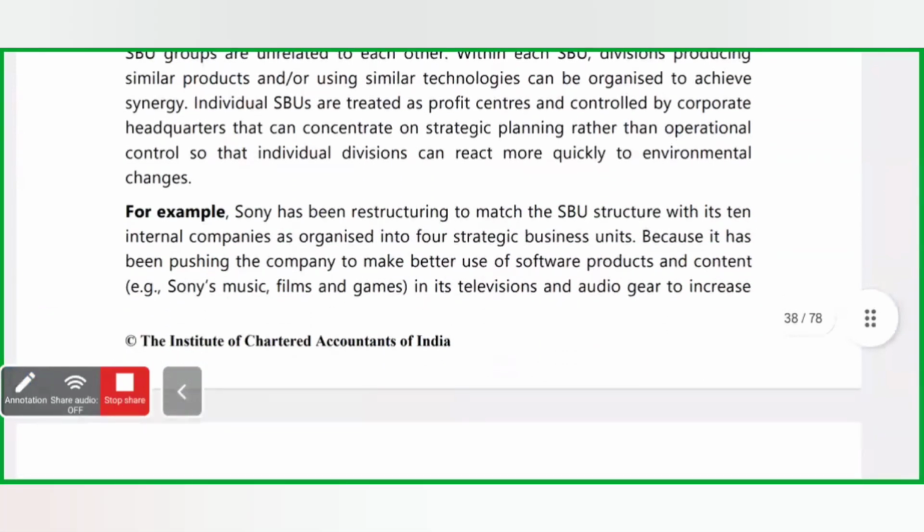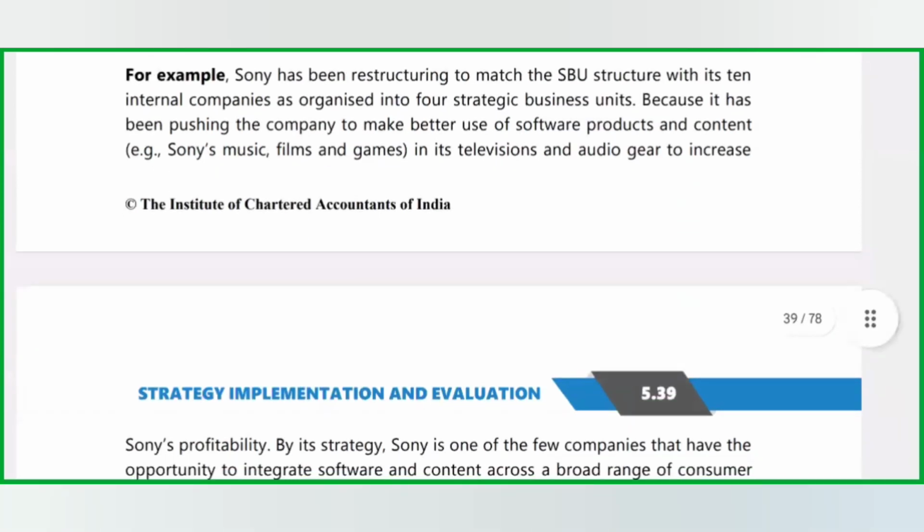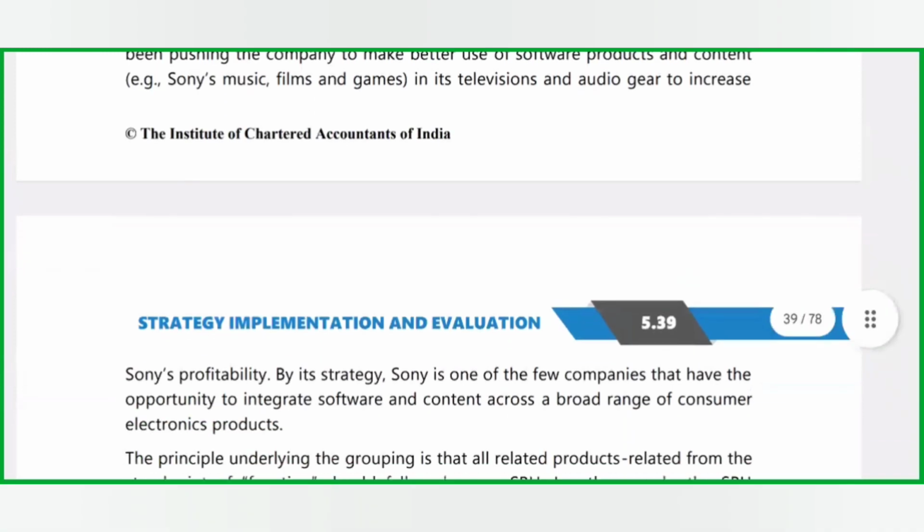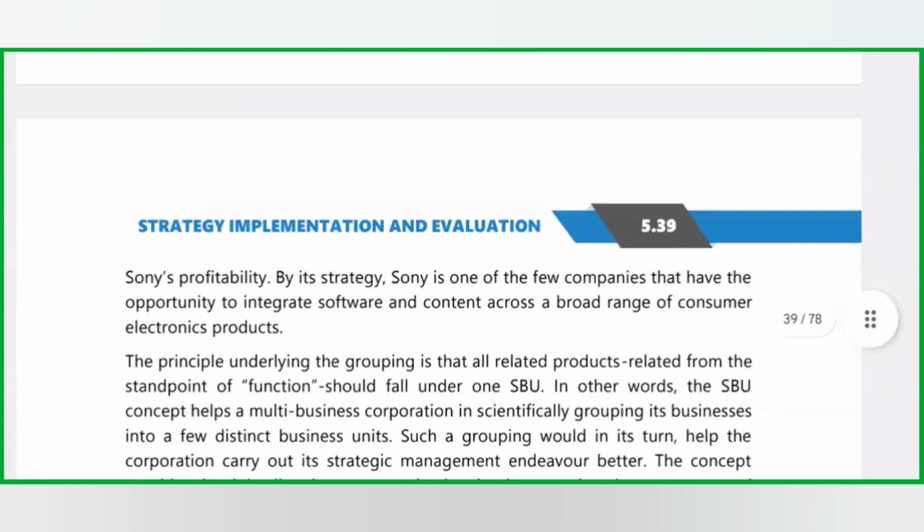Okay, an example has been given for the company Sony. Sony has been restructuring to match the SBU structure, with its 10 internal companies organized into 4 strategic business units, because it has been pushing the company to make better use of software products and content. For example, Sony Music, Sony Films, Games, and its television and audio gear, to increase Sony's profitability.